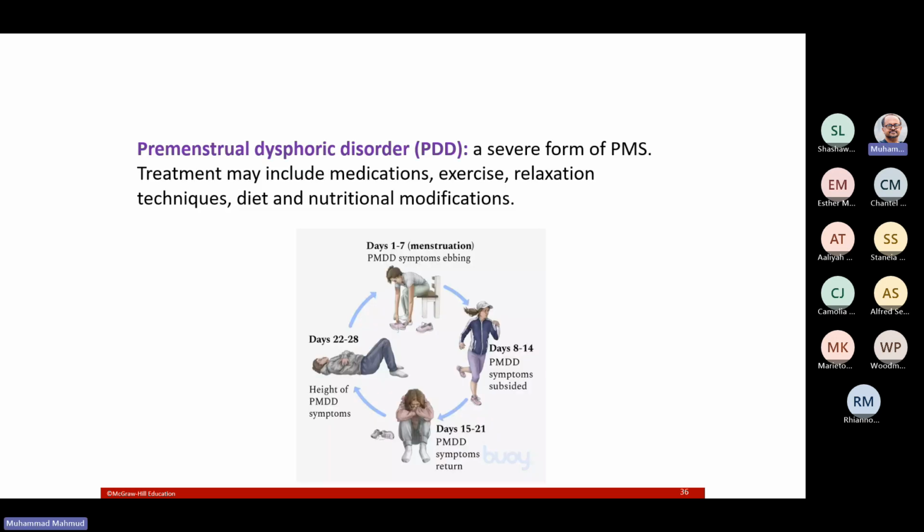This is PMDD, premenstrual dysphoric disorder. A severe form of PMS, when treatment may include medication, exercise, relaxation techniques, and diet with nutritional modification.